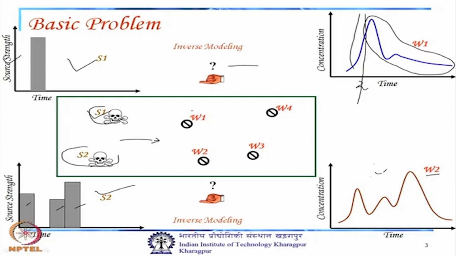Similarly, let us say we started the W2 observation well after the third year, so we may get this kind of truncated breakthrough curve.